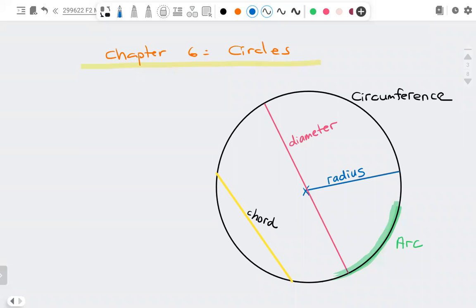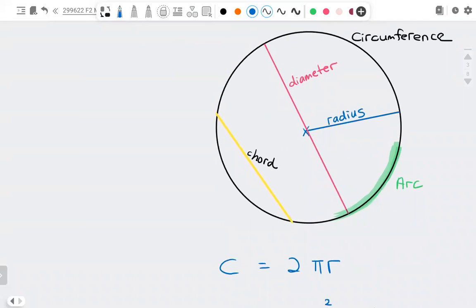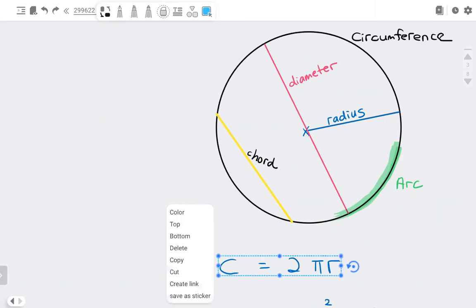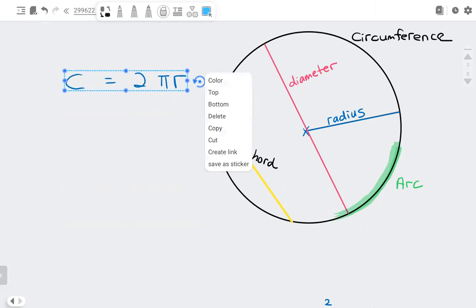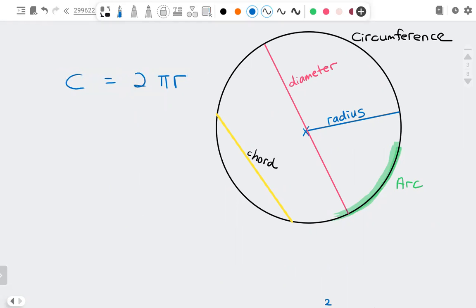Once you finish labeling, at the bottom you continue, write down the formula. C equals 2 pi r. Write down the formula, C equals 2 pi r.